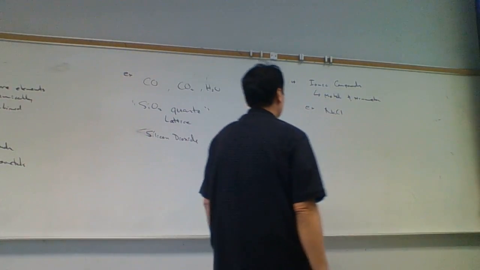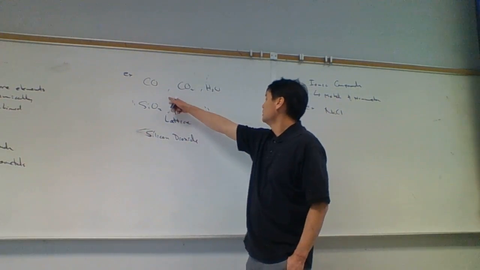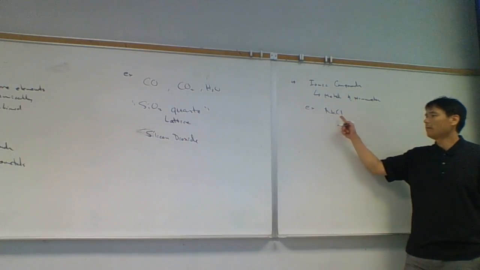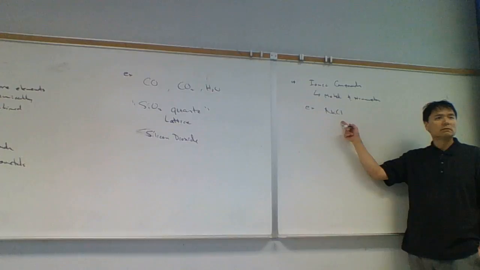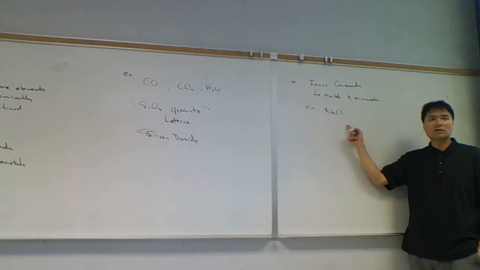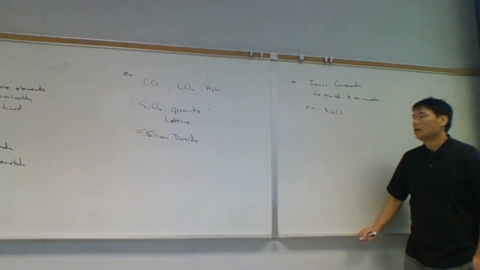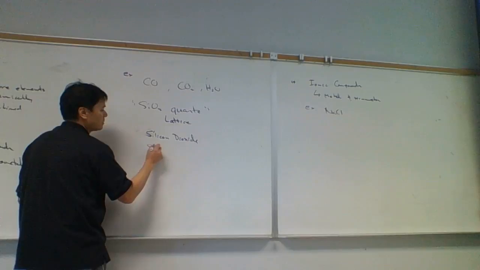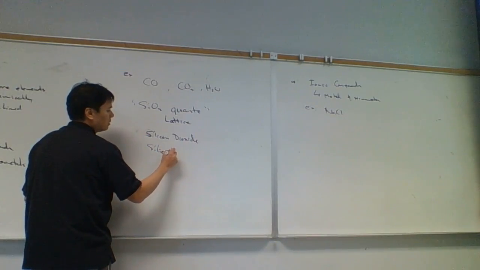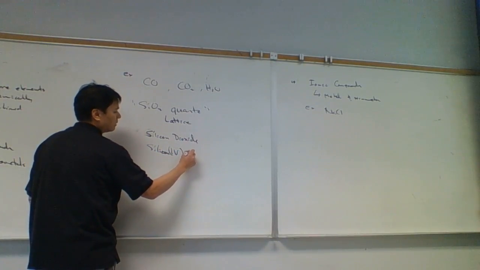Silicon dioxide. This is carbon monoxide. So over here, would we call this sodium monochloride? No, this is just sodium chloride. And so what we'll see here is this sometimes is called silicon, Roman numeral 4, chloride.